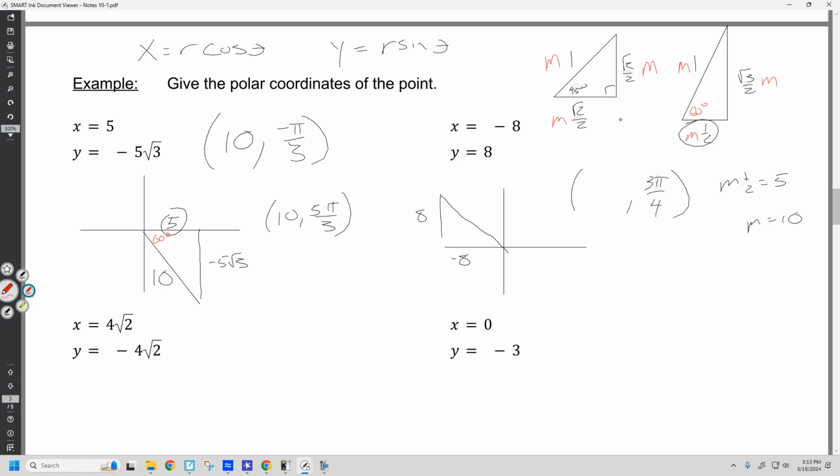If you multiply each side by root 2, root 2 over 2 times root 2 is the same as dividing by 2 over root 2. You get this new scaling where, if this is M, this is M, this has to be root 2M.